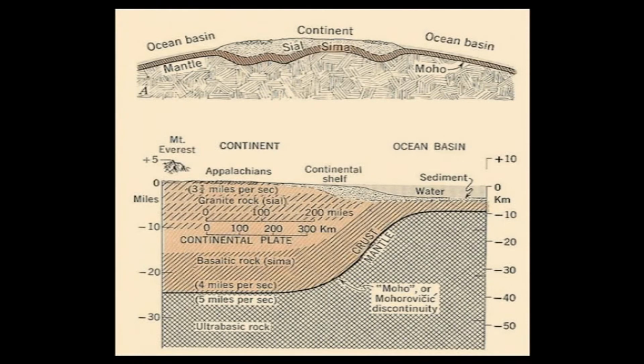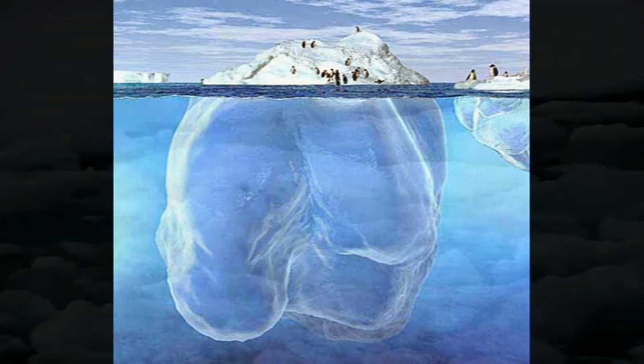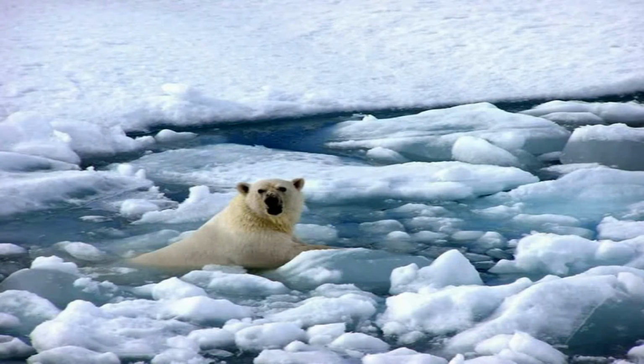Those parts of the crust forming continents are much thicker than the crust under the ocean basins. It may be compared to vast icebergs floating on the sea with only a small part visible above the water, but with a great bulk deeply submerged. The glassy rock of the Earth's mantle has yielded by slow flowage, much like a viscous fluid.